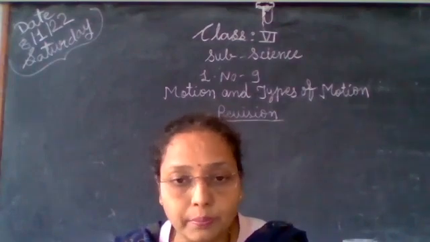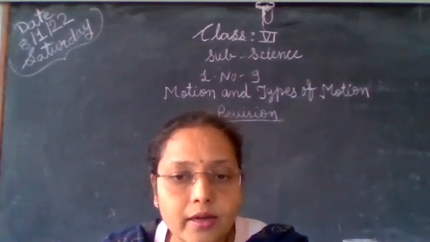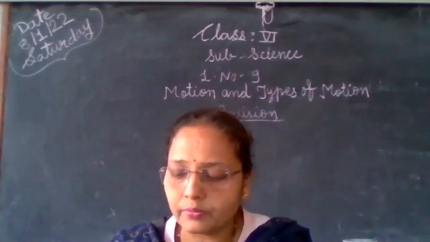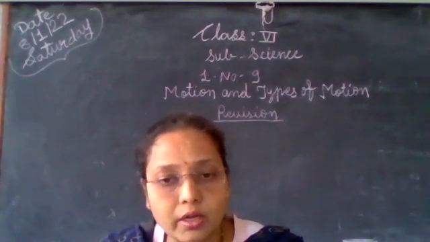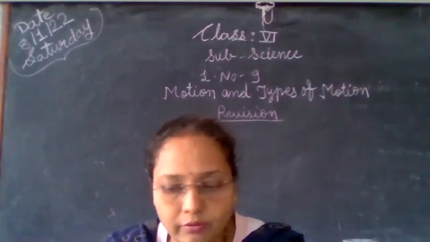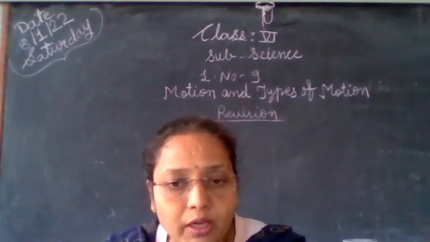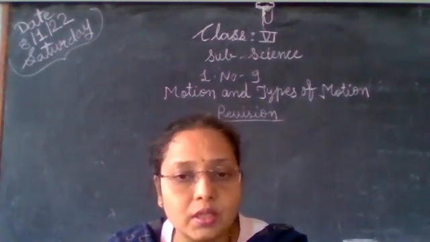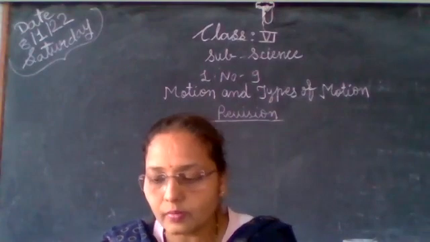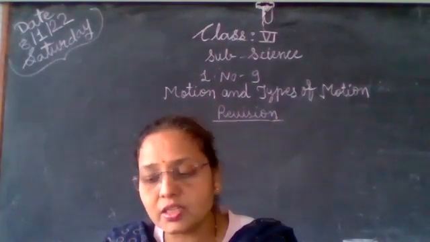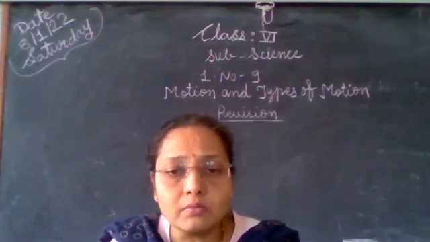Then question number B, difference between linear motion and random motion. Motion in a straight line is called linear motion. Example of linear motion is motion of a train or a moving car on a road. Then random motion, the motion that changes its direction and speed continuously is called random motion.